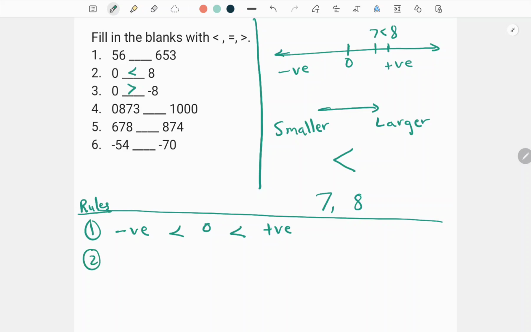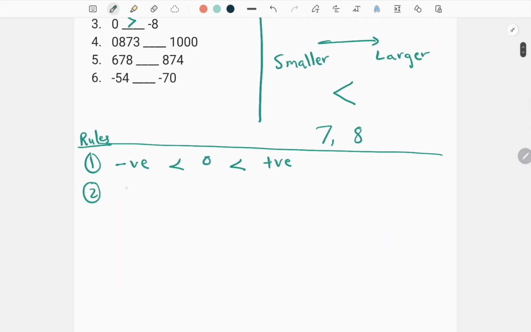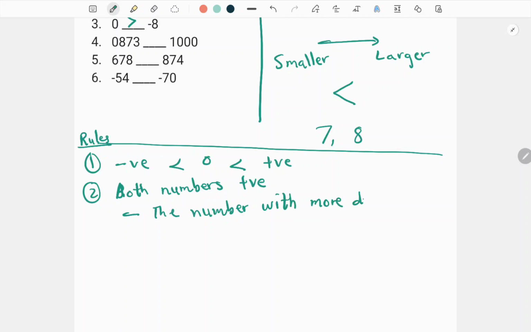Second, let's consider the case when both numbers are positive. We'll also consider the symmetric case when both numbers are negative later, but let's consider the case when both numbers are positive. Then the number with more digits is larger.